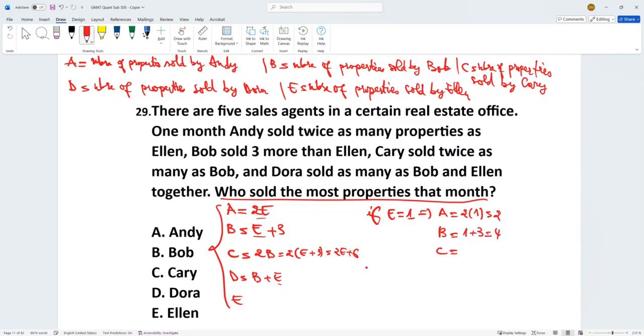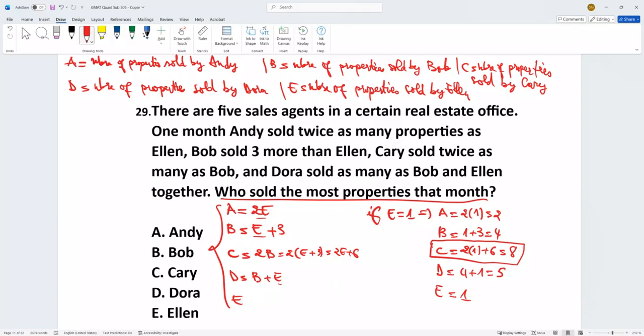C is going to be equal to 2 times 1 plus 6, that is 8. And D is going to be equal to B plus E, that is 4 plus 1, that is 5. And then, as we said, E is equal to 1. That's the hypothesis. And we find that Carrie is the agent that sold most properties.